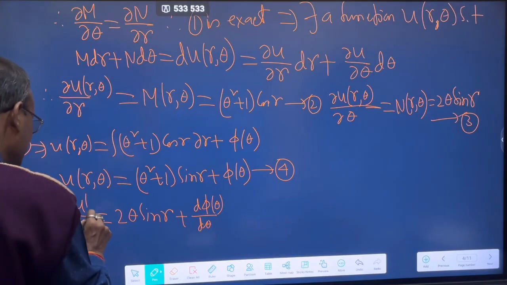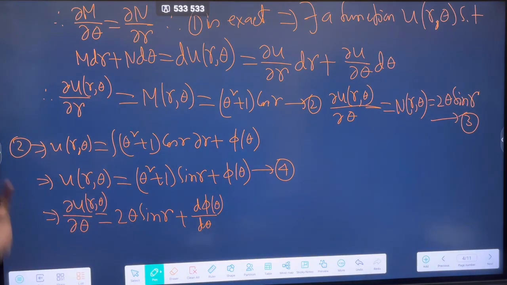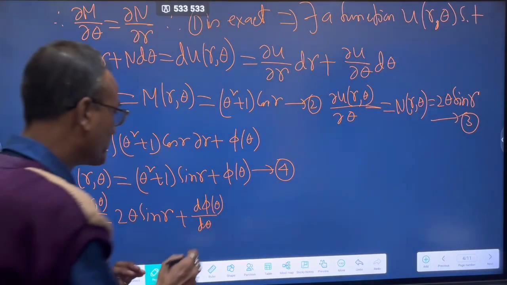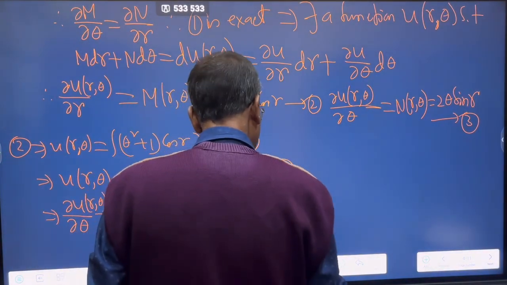Of course, u is a function of r and θ. Suppose this is number 5.